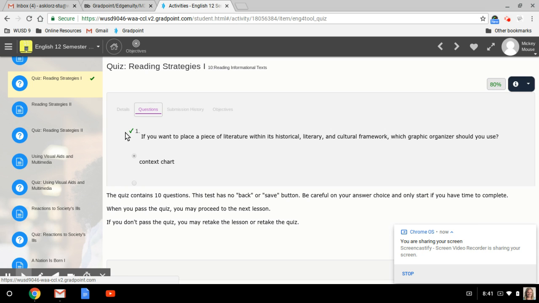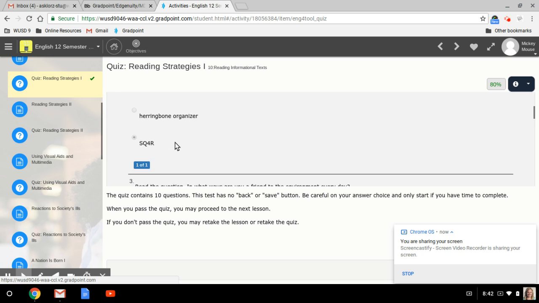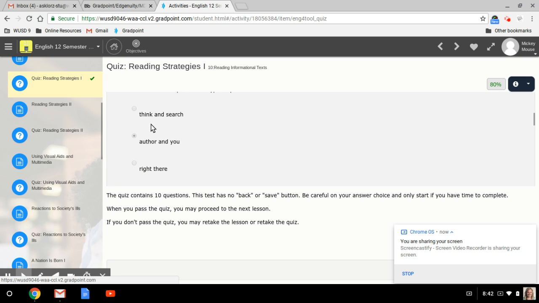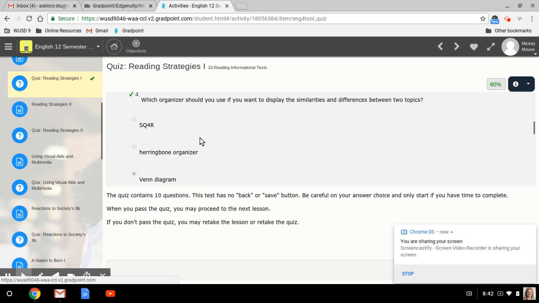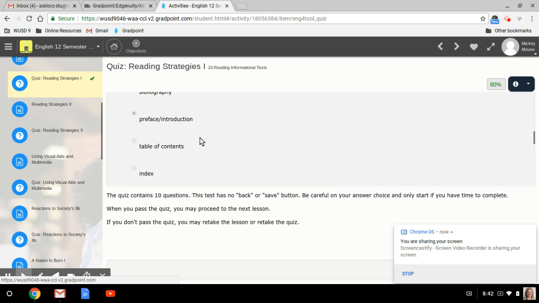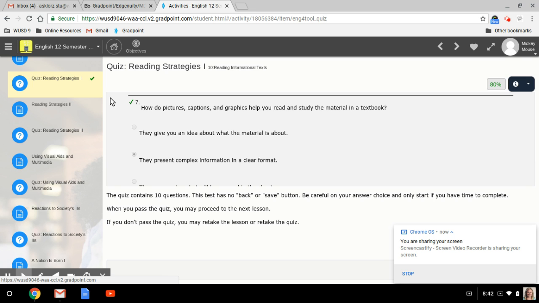So there will be a green check mark if your answer is correct, and if you miss the answer, there will be no check mark. So you can go back and review the answers that you chose and retake the quiz. And if you were waffling between two answers, know that the one that you chose originally is wrong. On these quizzes, these are just little short check for understanding to see what you remember from the material and if you need to go back and take more notes and study.